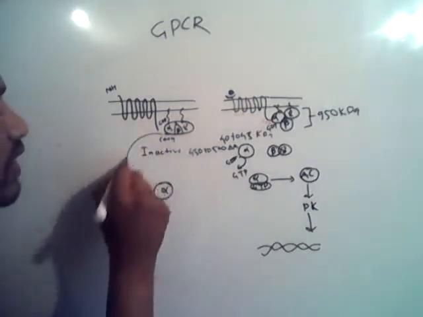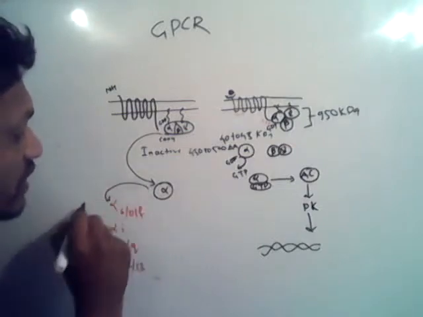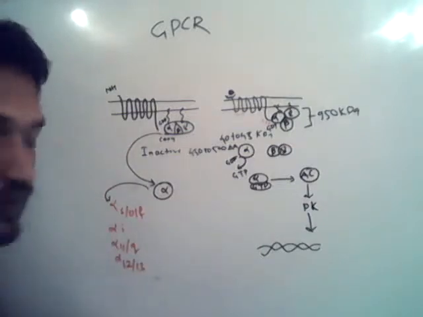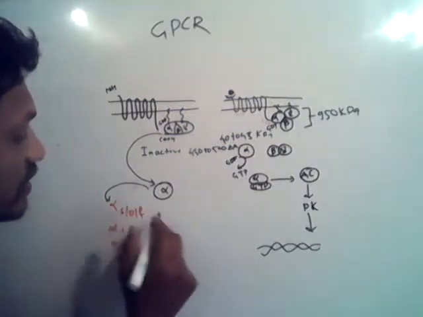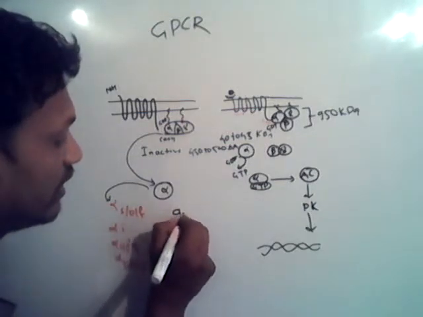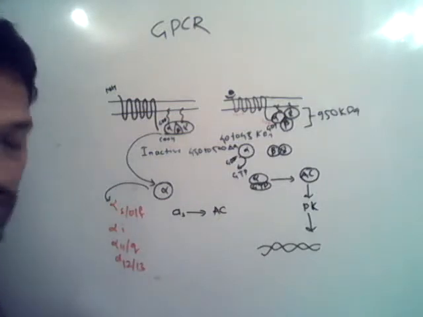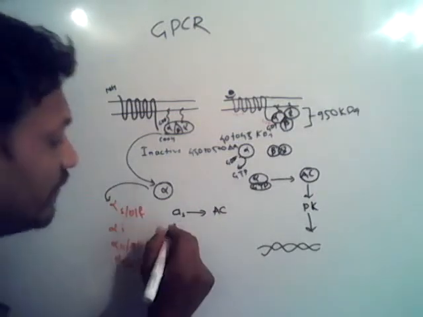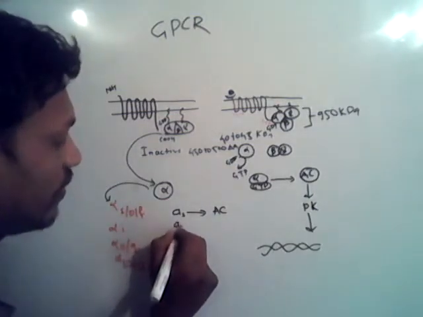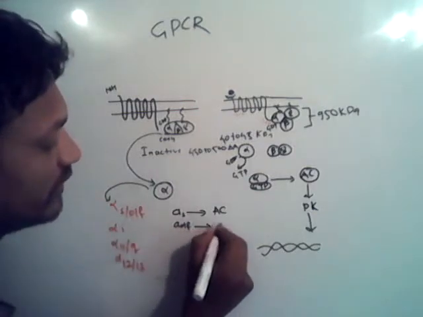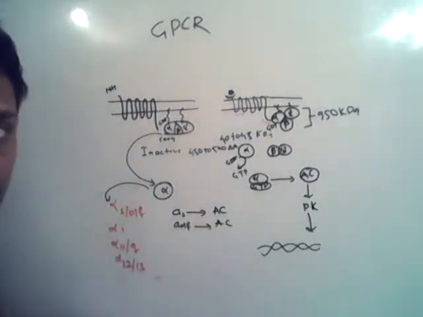For example, this is the alpha subunit which is further categorized into 4 different forms. If it contains stimulant alpha, it activates adenylyl cyclase. Okay. If it contains alpha olf, it also activates adenylyl cyclase.